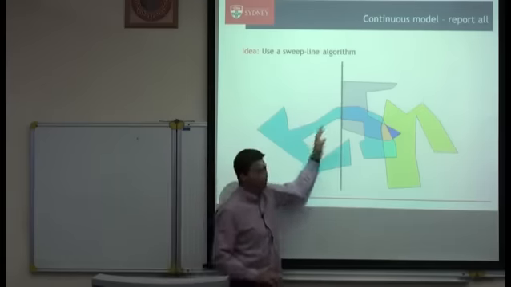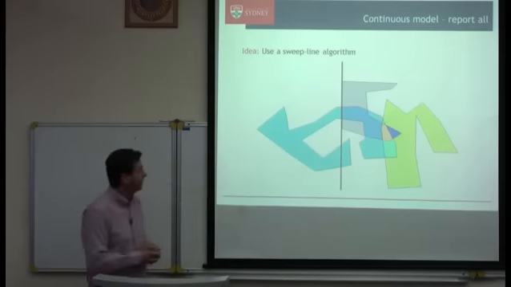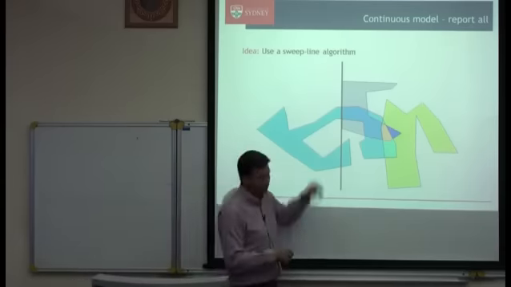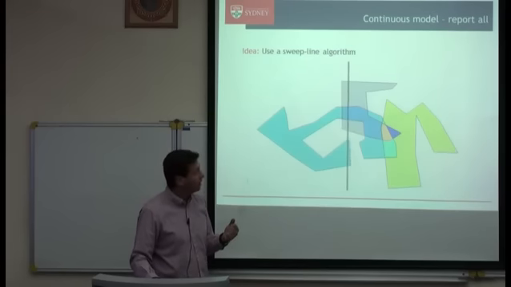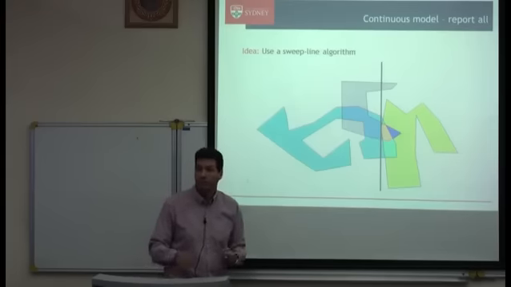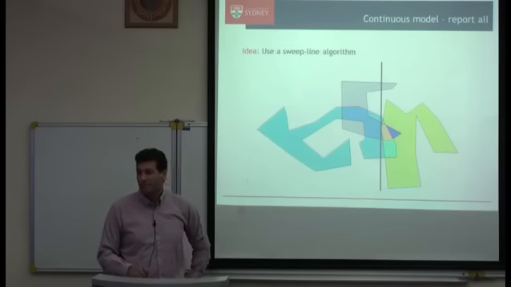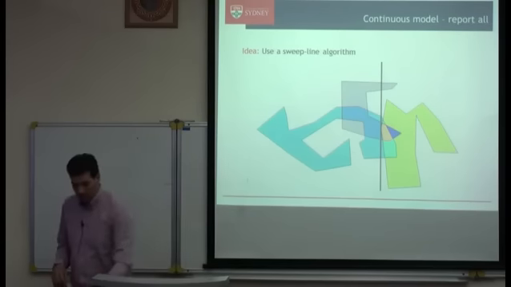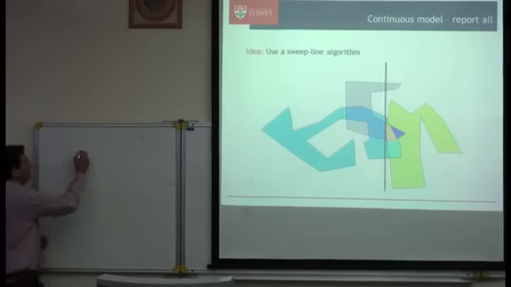And of course, we also have to handle all the intersections, because again, there you could have a change. So there are n square events, right? How many events are there? So I have n polygons.